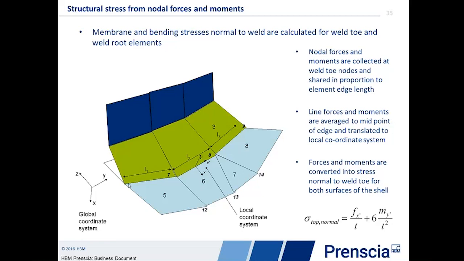And it's those basically line forces and moments that are used in a calculation of a structural stress. The whole purpose of this approach is to have a stress quantity that is relatively insensitive to the mesh. So I could change the mesh refinement and get very, very similar structural stresses, whereas if I was looking at a classical stress recovery from a finite element, it would change radically.